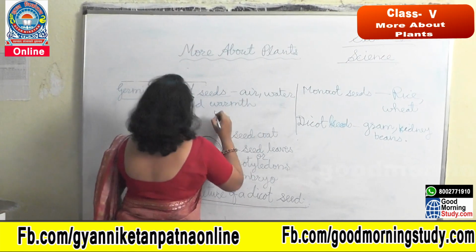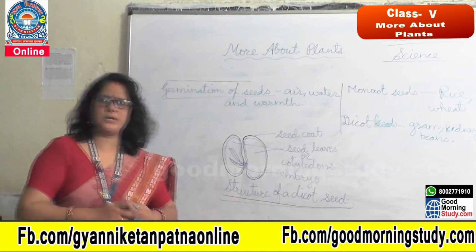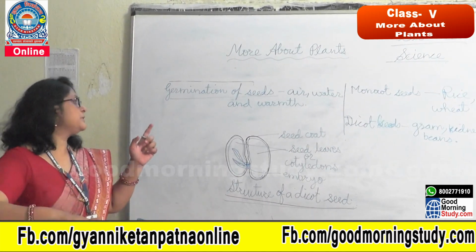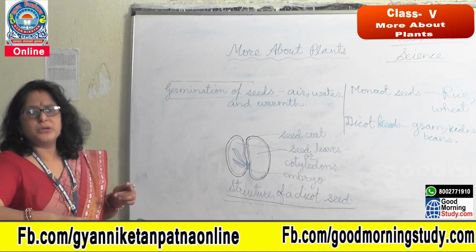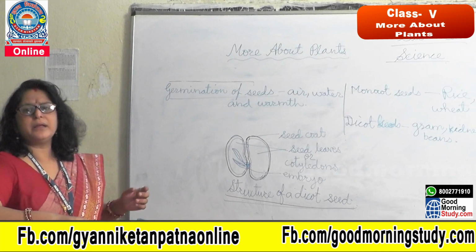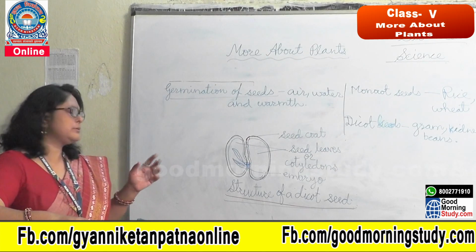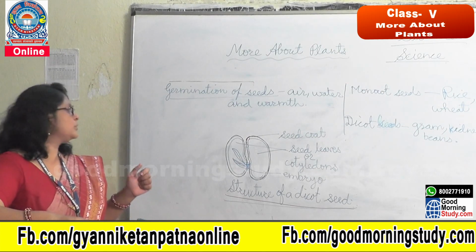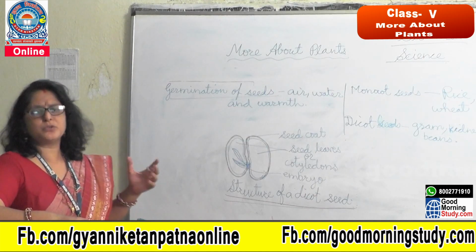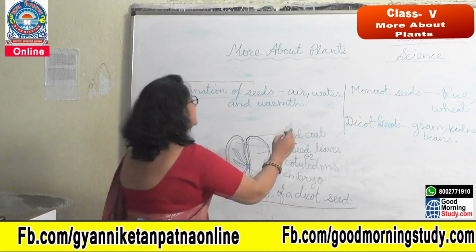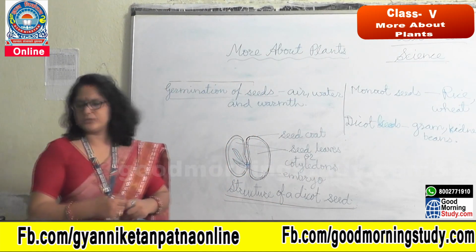If anything is missing, the seed will not germinate. Air is required for breathing. Water is required to soften the seeds, and then the cotyledons provide nourishment to the baby plant, and warmth makes the seeds active. So all three are required for the germination of the seed.